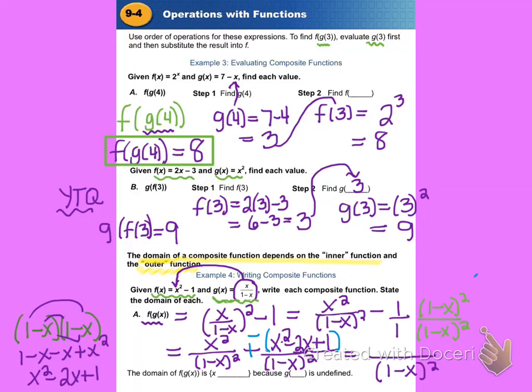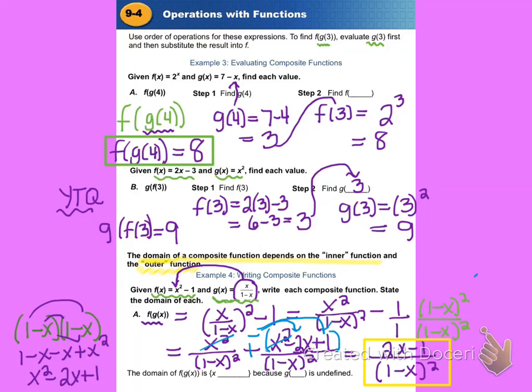And so I have an x squared, and I can subtract x squared, which they just cancel each other out. Then I have the negative. I'm going to distribute through to both the negative 2x, which makes positive 2x, and the positive 1, which makes minus 1. And so my final composite of those two functions is this 2x minus 1 over 1 minus x squared.